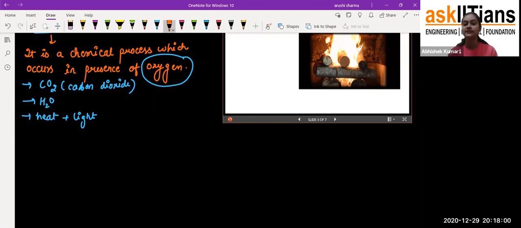So when, in the presence of oxygen, we combust them, we give fire or burn that product, we get carbon dioxide along with heat and light.